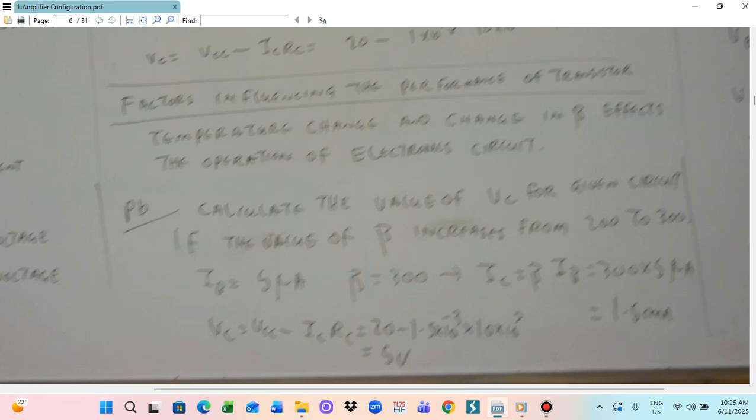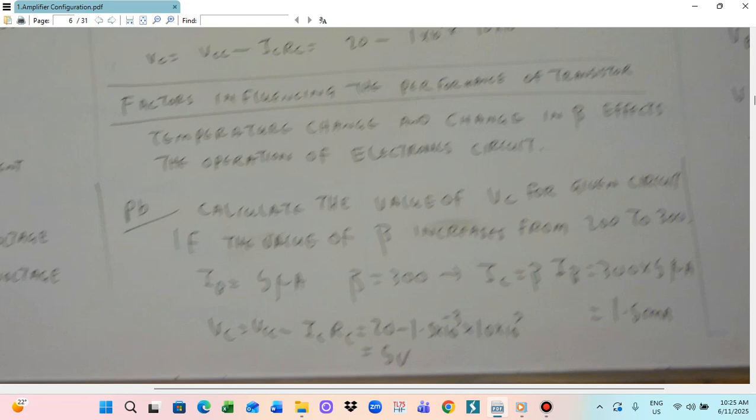So when the beta value changes, output current IC will also change. When there's output current IC fluctuation, when you are using it as an amplifier, for example as a radio amplifier, your sound will not be clear. The sound will be saturated and fluctuating, and you can hear humming or a lot of noise coming out.